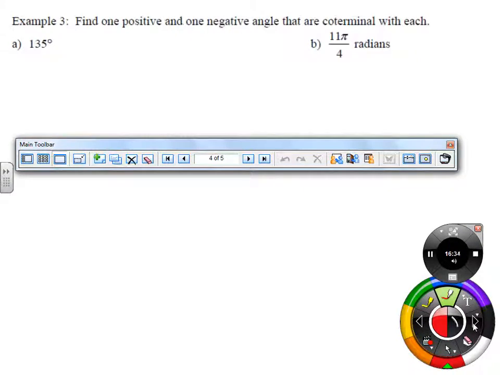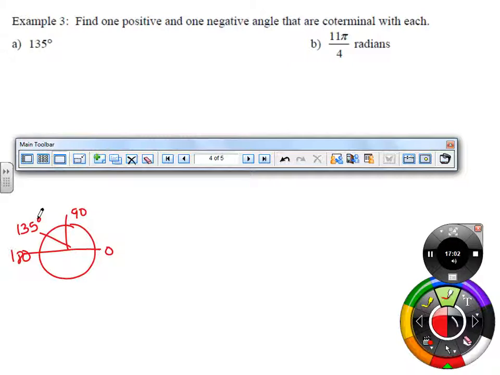So they say, give me a coterminal angle. Okay? So an angle that's coterminal with 135. If you have to, you can draw yourself a little picture. I know that this is 0 and this is 180. This is 90. So somewhere right over here is 135. So what's another way I can name an angle that ends at that same spot as 135?